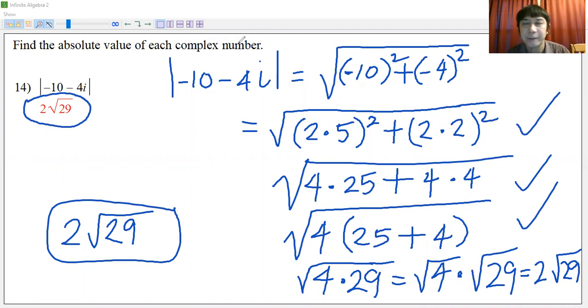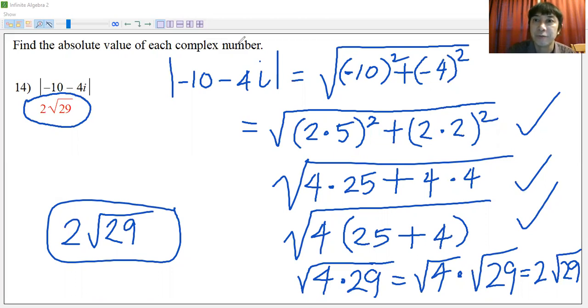Well, you need a little idea about getting common factors and perfect squares. Perfect squares like 4, the one we factored out, and then 9. What else? 16, 25, 36, 49, 64. Those are the perfect squares. So it helps in simplifying your solution. So that gives us our number 14.